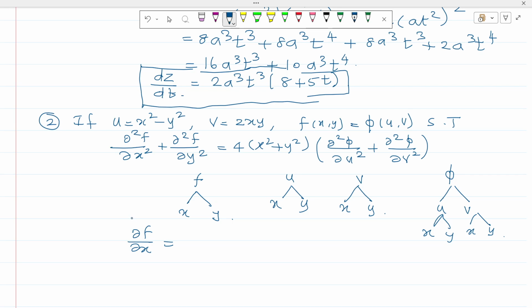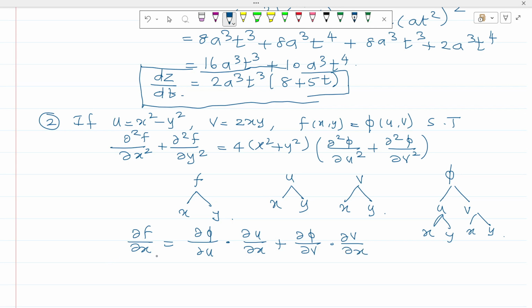So dou f by dou x: the left hand side, f of x comma y equal to phi of u comma v is there, na? Based on that we can write dou phi by dou u into dou u by dou x plus dou phi by dou v into dou v by dou x.